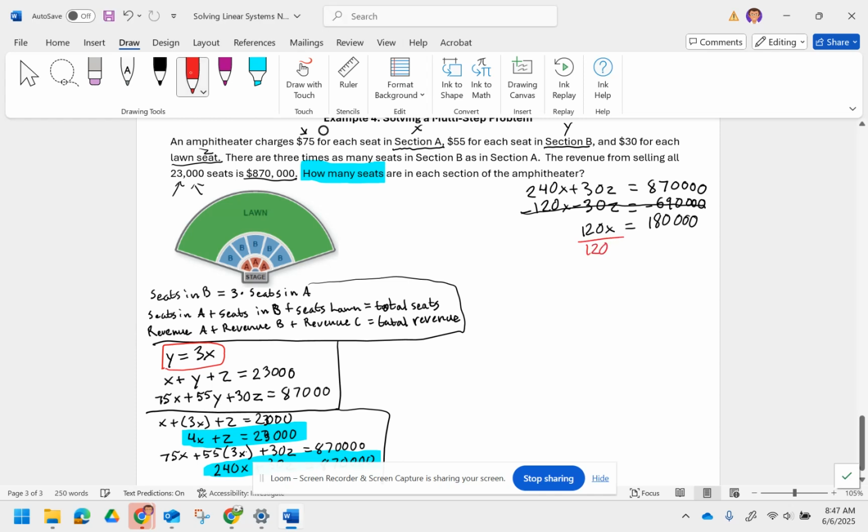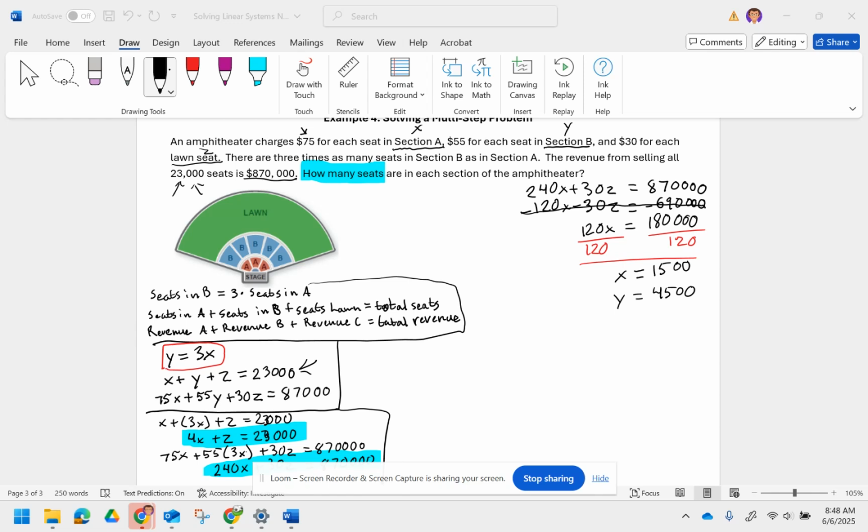Divide both sides by 120. And x is equal to 1,500. Well, now that I know how many seats are in A, 1,500, I know that there are 3 times as many seats in B. And now that I know how many seats are in A and B, we could even use this equation to solve for how many are left.